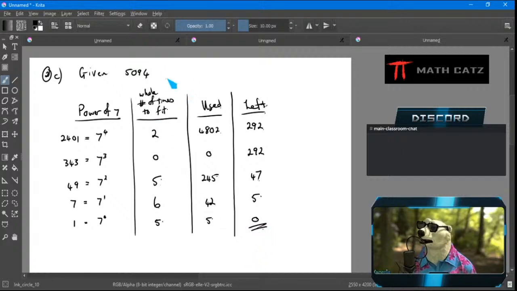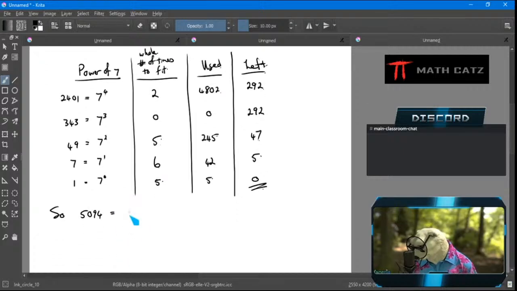Those will be mopped up by the ones. I used them all, nothing left. And I've broken up my decimal number according to powers of 7. So let's write that underneath here. 5094 is 2 groups of 7 to the 4, 0 groups of 7 cubed, 5 groups of 7 squared, 6 groups of 7.